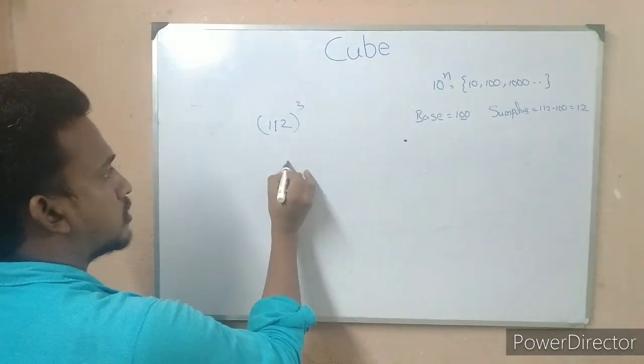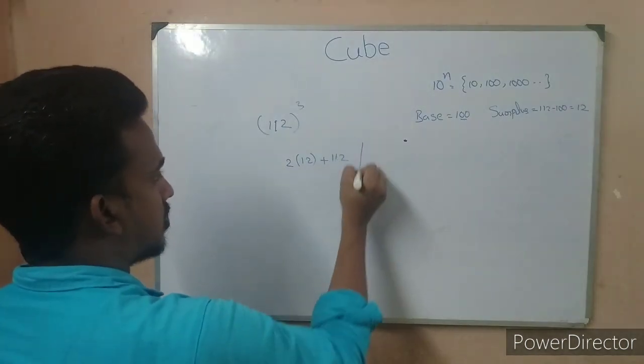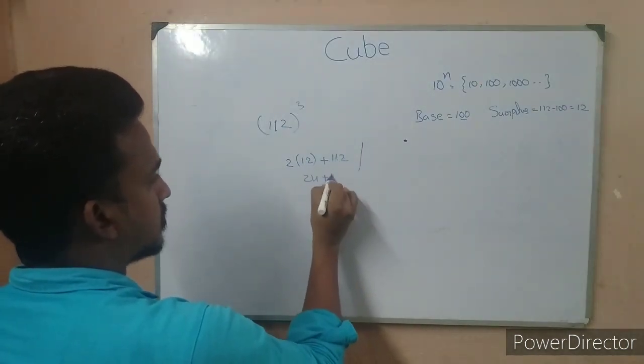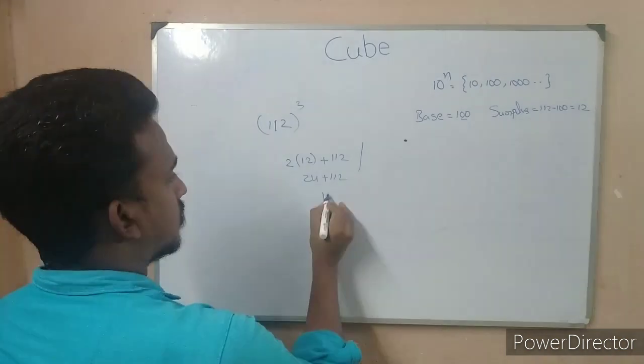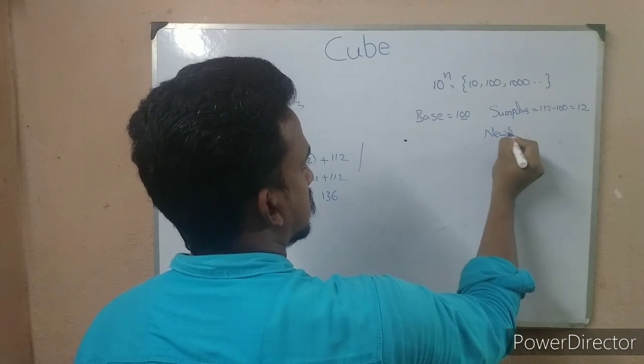With the same procedure, 2 times the surplus plus the initial value: 24 plus 112 becomes 136. So we'll get a new surplus here.